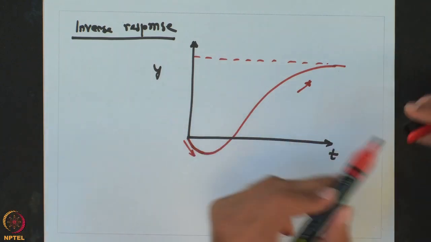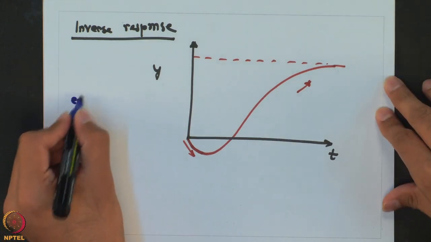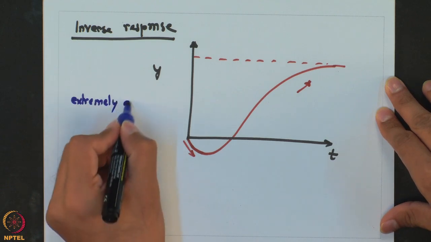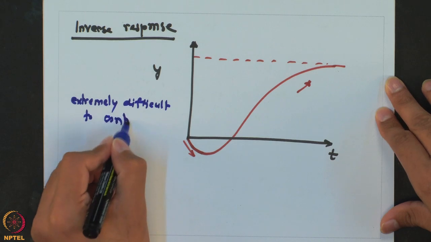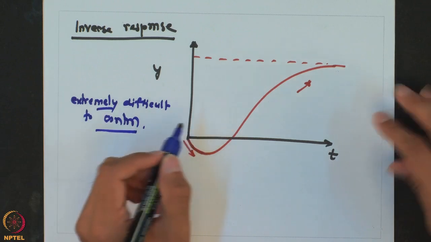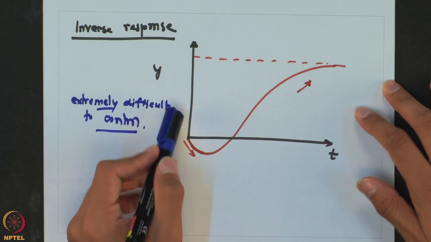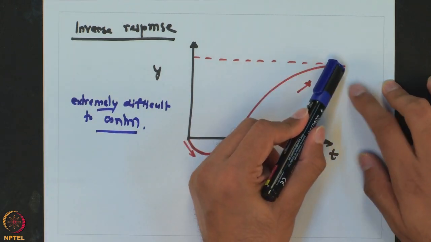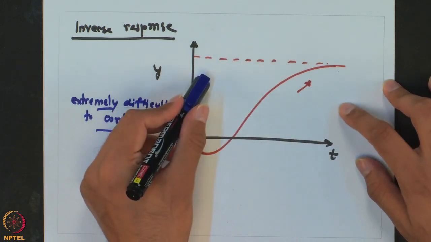Now, these type of processes are extremely difficult to control, because what's going to happen is as soon as the controller makes a move. So, let us say in this case the controller has to move the output from this point to this point, and this will happen if he makes a positive move or positive step change in the input.